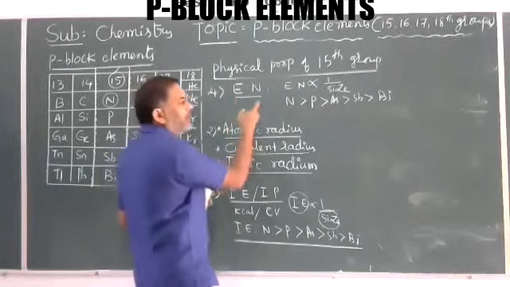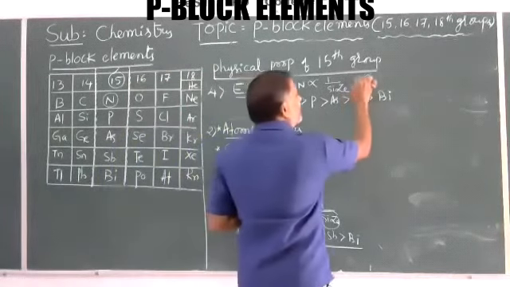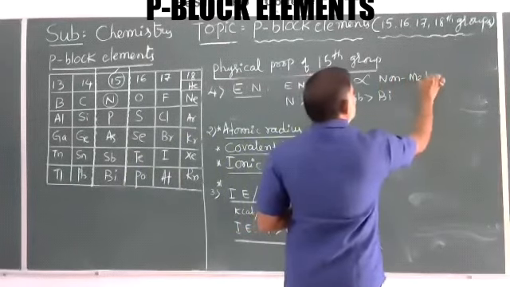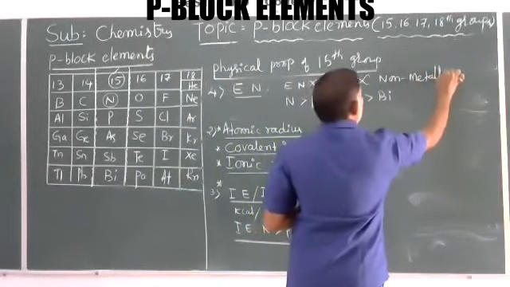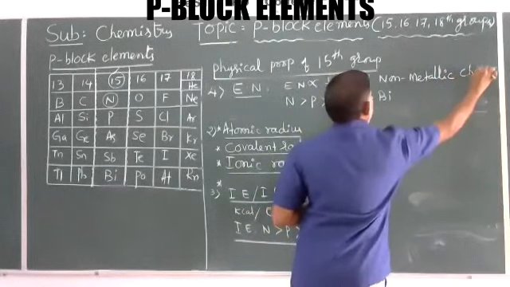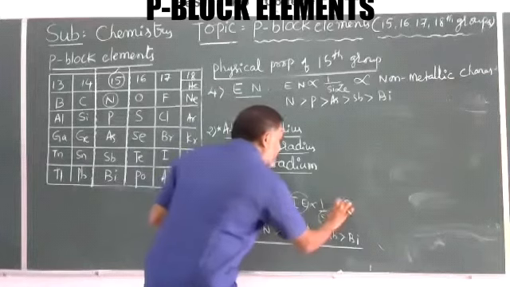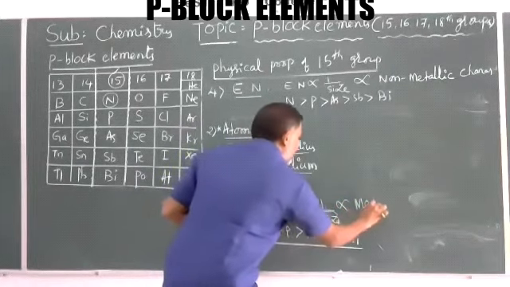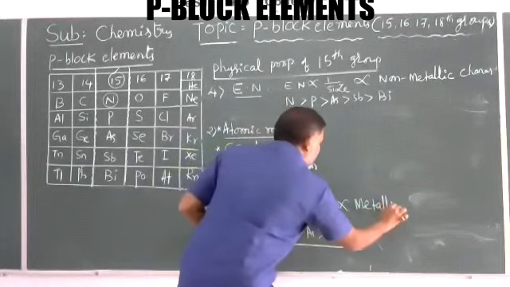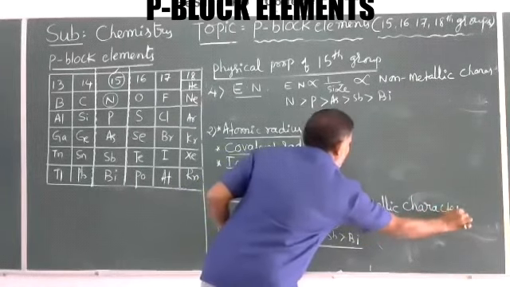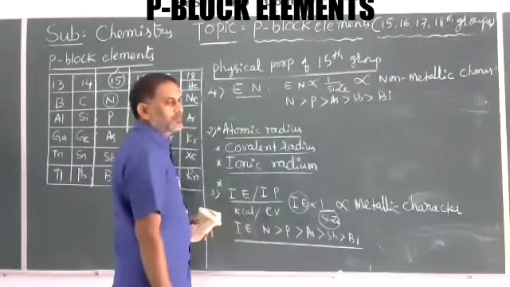Whenever electronegativity is more, that is directly proportional to the non-metallic character. Very, very important. Ionization energy is directly proportional to the metallic character. Two are very, very important: metallic and non-metallic character.